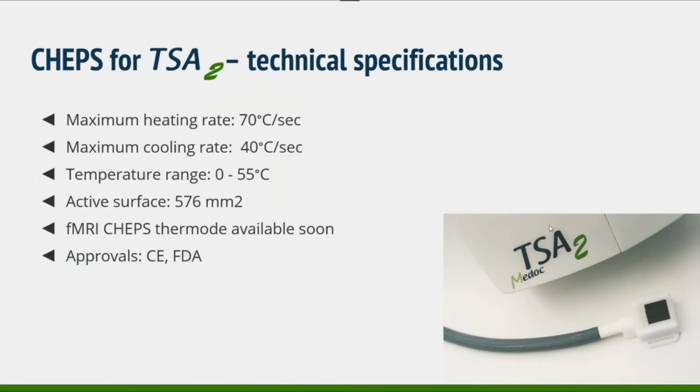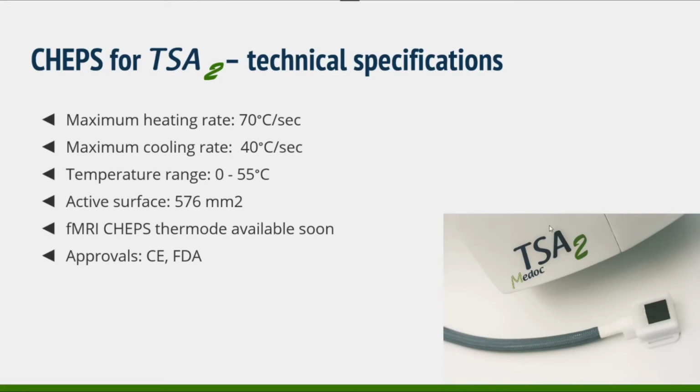These are the rates that you were working with in the previous version of pathway CHEPS. But what is really new and exciting here is that now you can work in these fast rates in a much wider temperature range. For the previous generation of CHEPS, the temperature range was 30 to 55 degrees, and it actually allowed only the heat rapid stimulation.